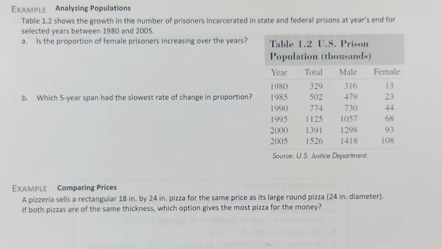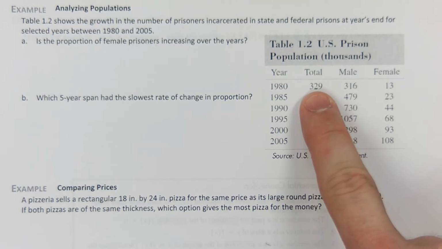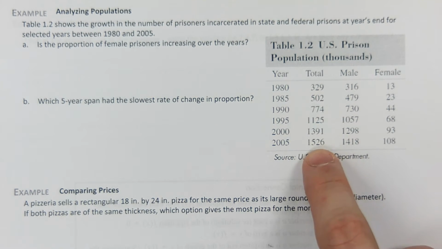Okay. This table shows the growth in the number of prisoners incarcerated in state and federal prisons at year's end for selected years between 1980 and 2005. So we're looking at a chart of prisoners. It shows the total number of prisoners times 1,000. So in 1980, there were 329,000 federal and state prisoners, and in the year 2005, there were about 1.5 million.